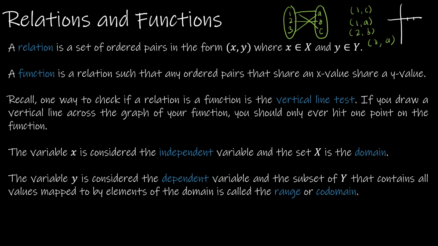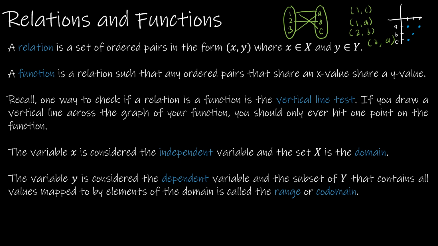Obviously this is 1, 2, 3. Let's call this A, B, and C, just for fun. I know they're negatives, but just go with me here. If I were to graph 1 comma A, and then 1 comma C, and 2 comma B, and 3 comma A.